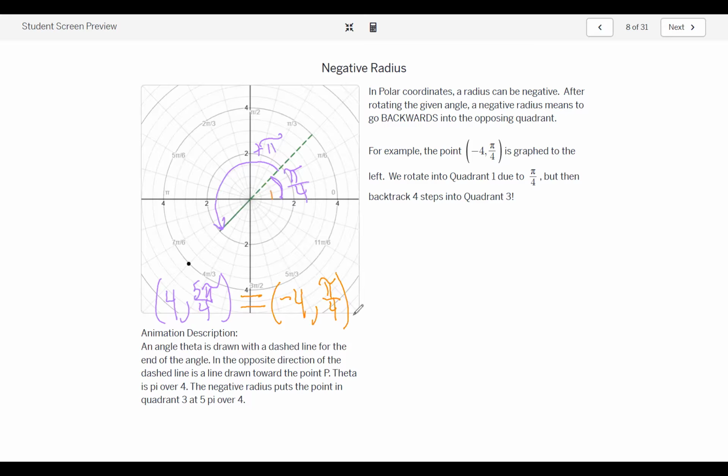Now, because of the way coterminal angles work, -4 comma pi over 4 is equivalent to any coterminal angle to pi over 4. So -4 and pi over 4 plus any 2 pi k.